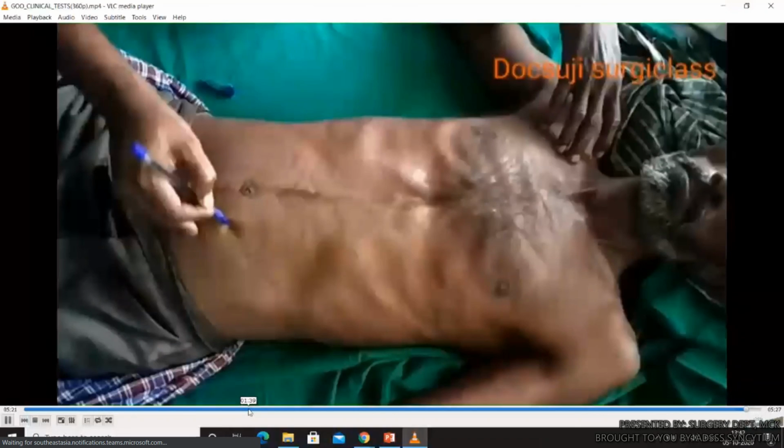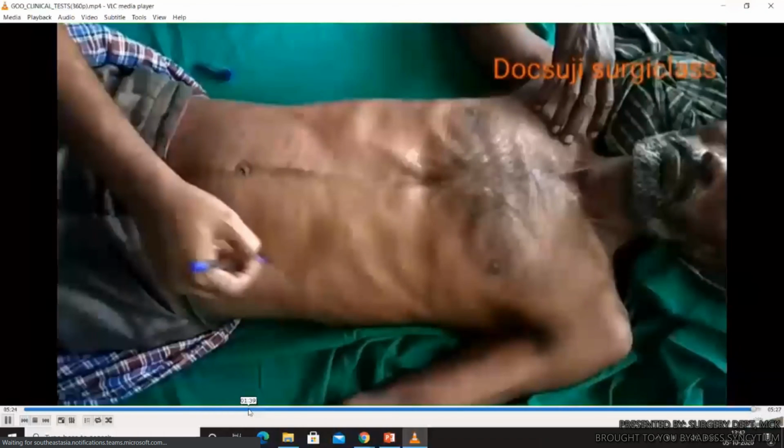So this is how auscultopercussion is done to make an outline of the distended stomach.